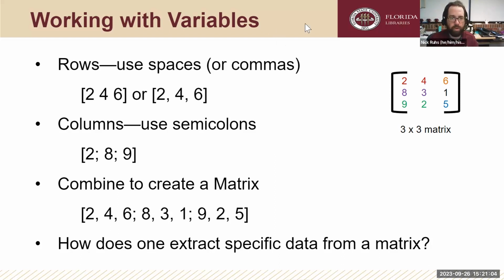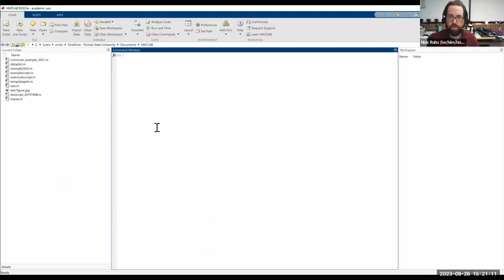So at this point, I'm going to go into MATLAB and demonstrate how to do all of this, since we now have the context. So as we said, this is what your MATLAB is going to look like. So I am going to just type a variable. I'm going to call this A. I'm going to say A is equal to, and here I am going to just do a scalar.